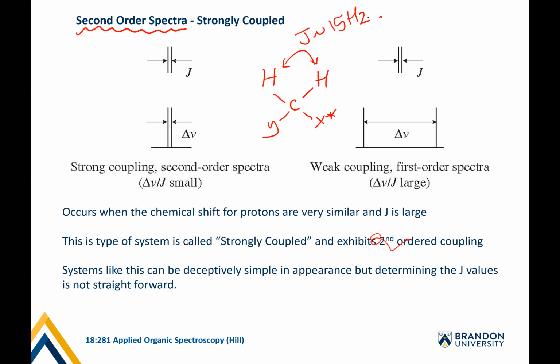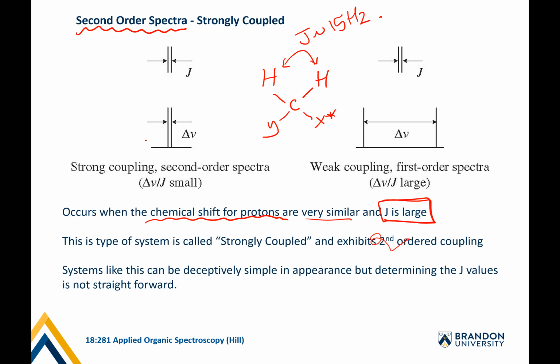So it's quite a large coupling constant. Something really strange happens when the chemical shift of those protons is very similar. So the chemical shift is close to one another, but the J value is large. Then you get what we call the strongly coupled or second order spectra. So this is what this is trying to depict here.